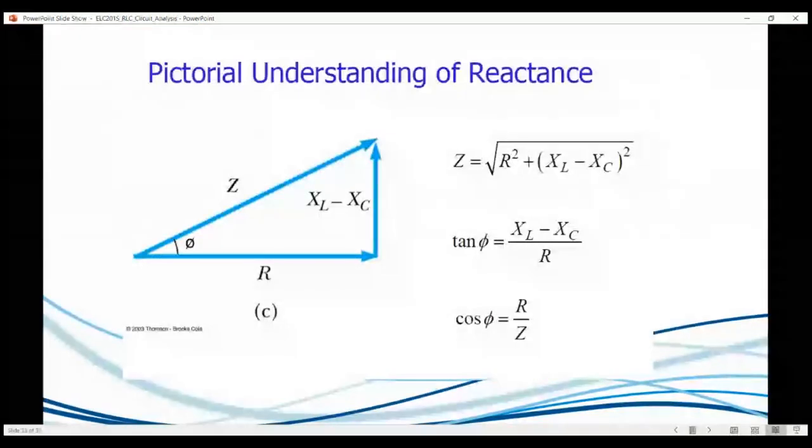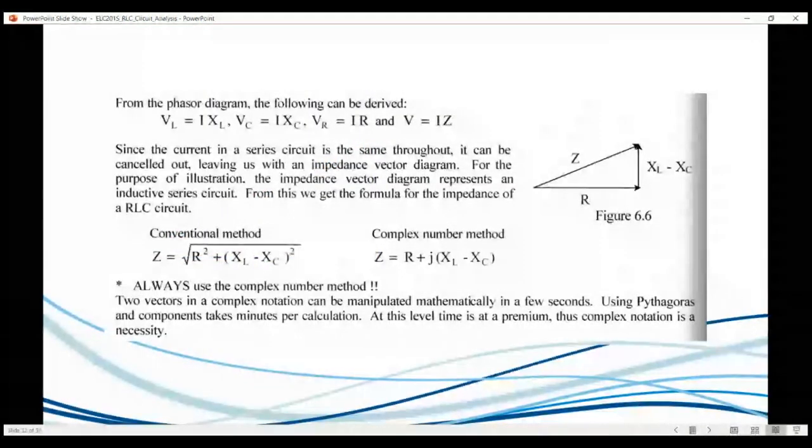I kind of left that out in the previous slides. I talked about how we represent something called an impedance, which is now the new resistance for an AC circuit, and essentially it has the resistance plus the reactance. This part over here, the X, is due to having an inductor and a capacitor.